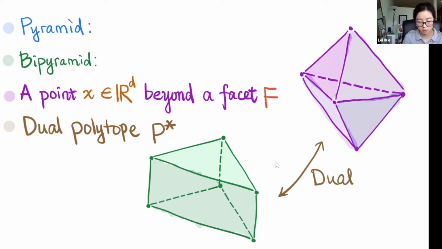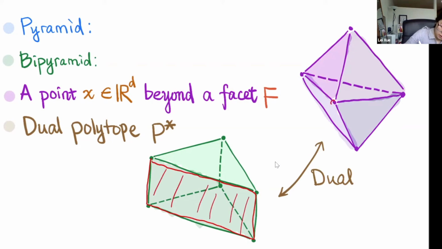The facets of the dual polytope correspond to the vertices of the original one, and vice versa. So I'm claiming that this rectangle facet of this green polytope corresponds to this vertex of the purple one.